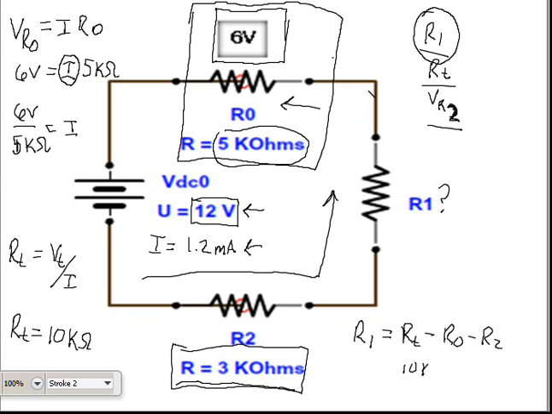So 10k minus 8k, R1 is equal to 2k ohms. So there's a value for R1. There's the value for total resistance.